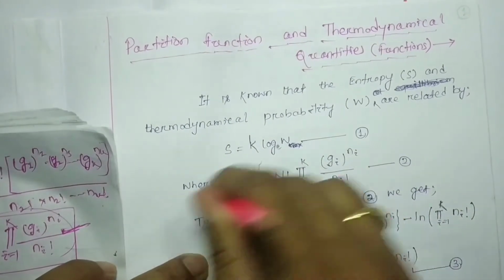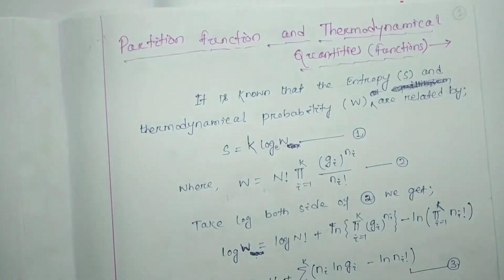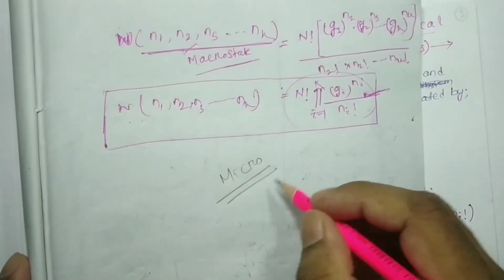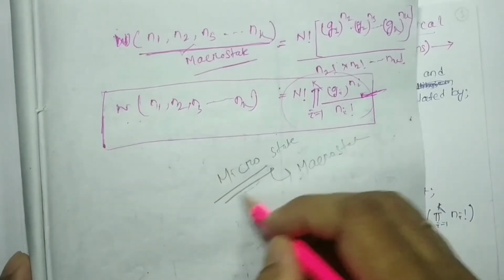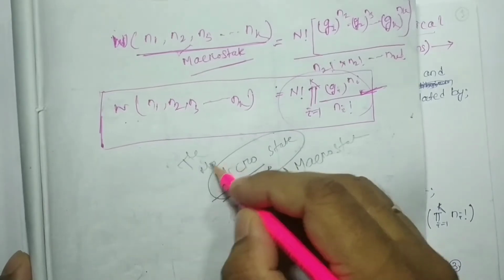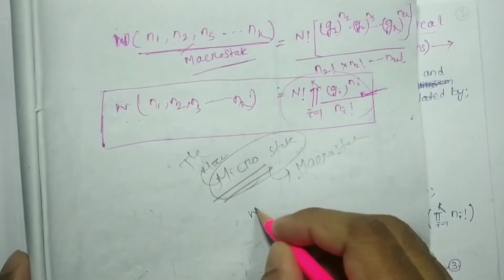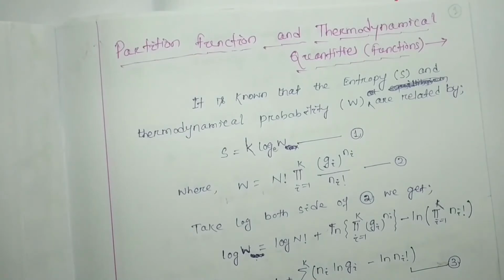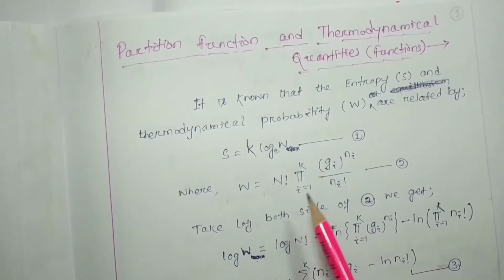The thermodynamical probability is nothing but the number of microstates of the corresponding macro state. The number of microstates of a particular macro state is called W(n1, n2 up to nk). To see how this W came to be equal to this, you have to go to the last videos and confirm it.